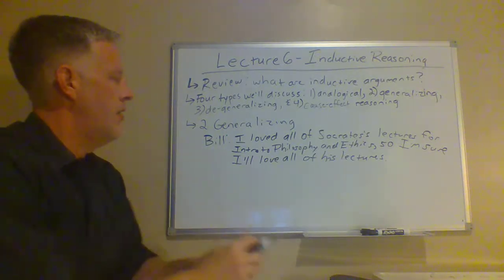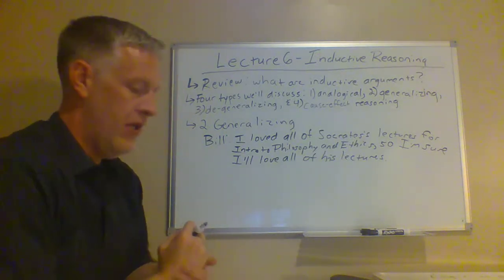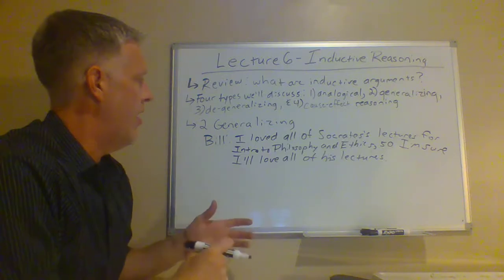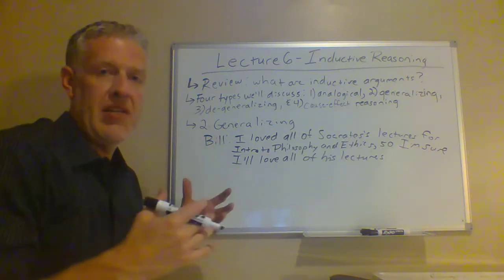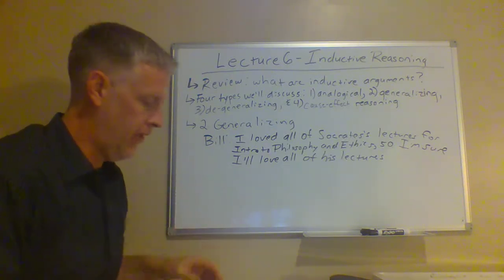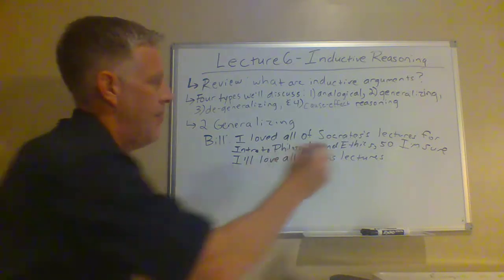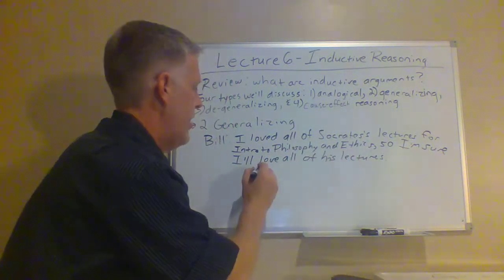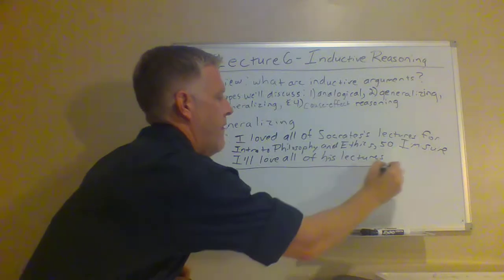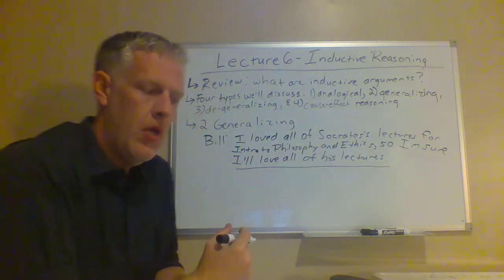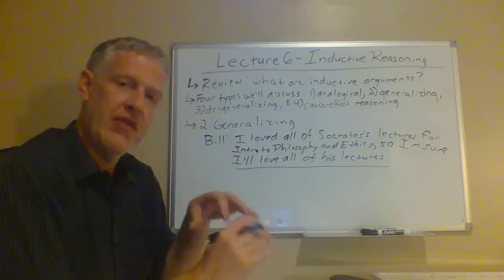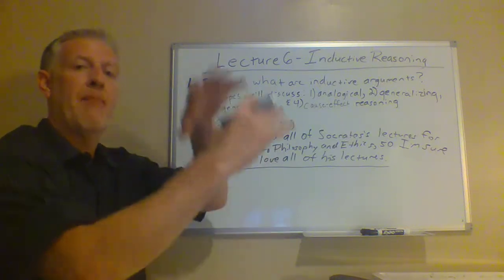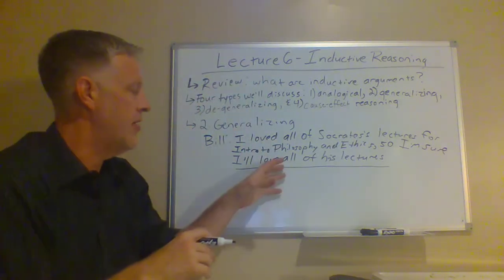So what he's done is offer an inductive generalization. He's engaged in generalizing, this type of inductive reasoning. He's come to the conclusion that he'll love all of Socrates' lectures, and it's based on, right? So he's saying something is true of a population, and in this case, what's the population?